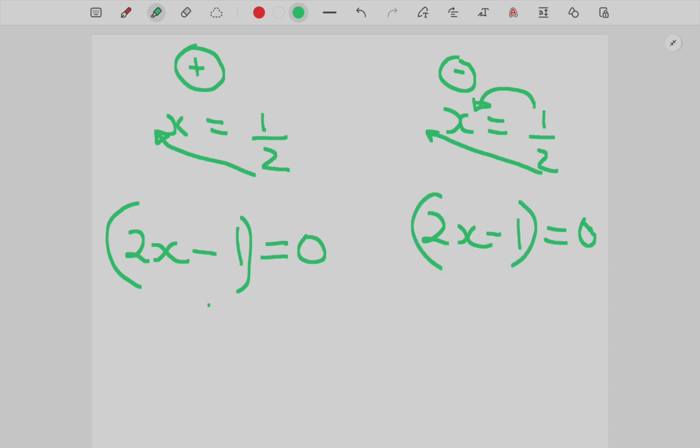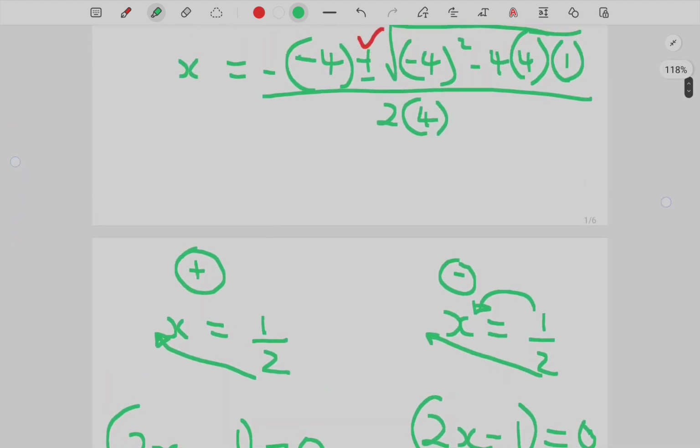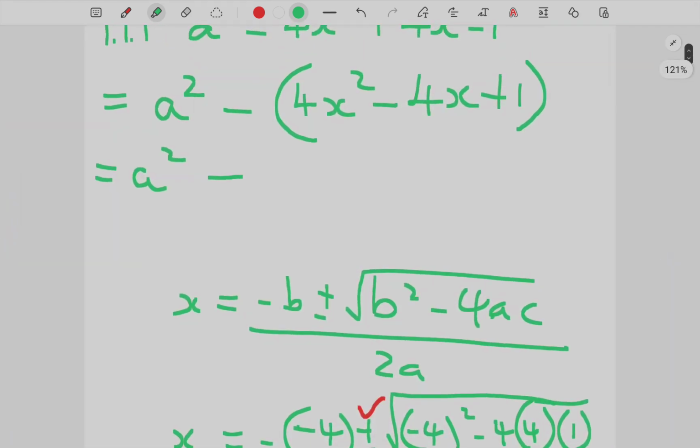So if you've got the same brackets, it means, let's go back, the factors of 4x squared minus 4x plus 1, okay, let me write like this, are 2x minus 1 into 2x minus 1.